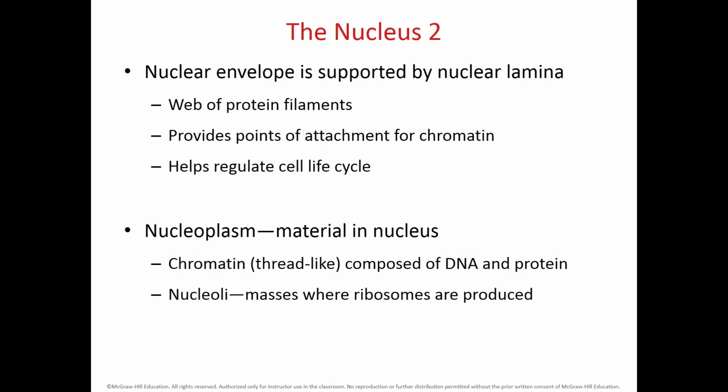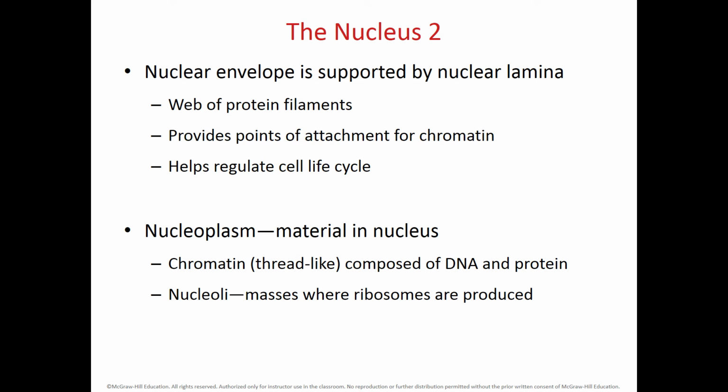The nuclear envelope is supported by a membrane that is called the nuclear lamina. The nuclear lamina is made out of protein filaments, and they provide a point of attachment for DNA or chromatin. And this will help to regulate the cell life cycle.